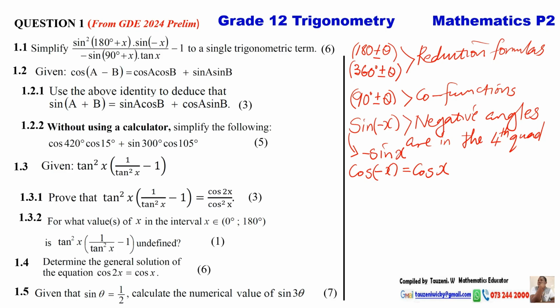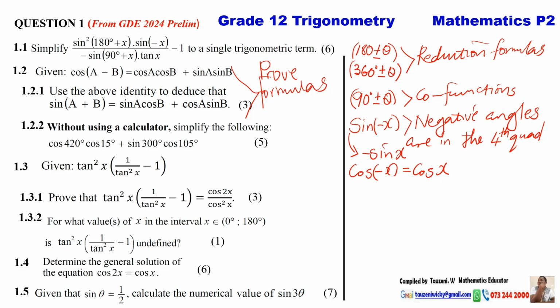Then number 1.2, when you look at number 1.2, what needs to be done there, you are basically being requested to prove formulas. And when I do my studying, I don't look at this one particular formula only because I don't know which one they are going to bring if they choose to test this section.